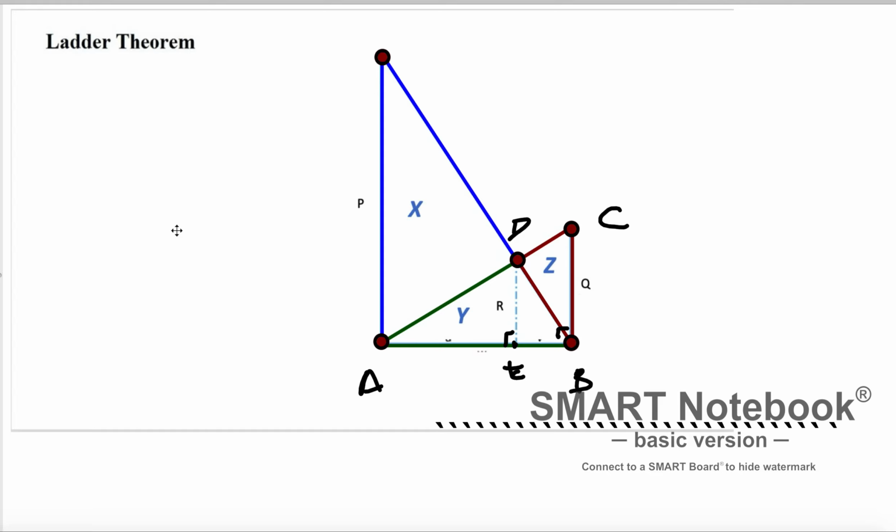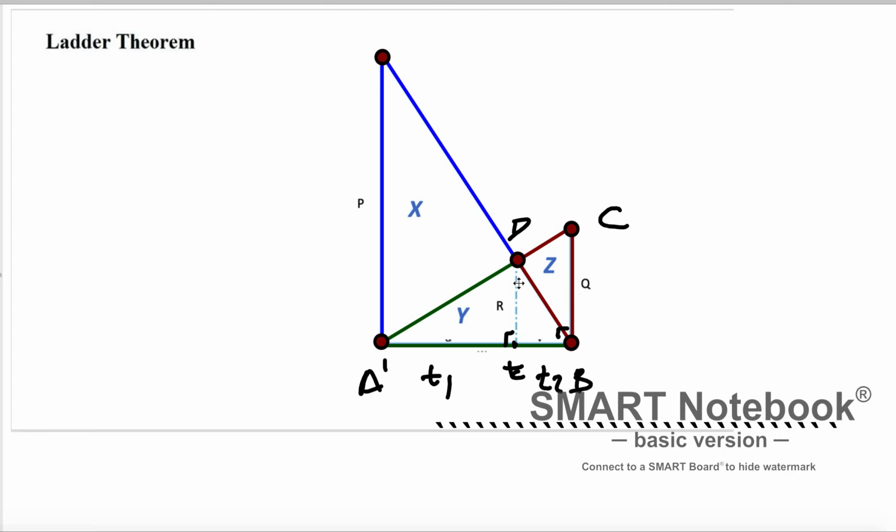Now, according to the similar triangles, the proportions of these triangles are equal. For example, let's say this distance here is t1, and this distance here is t2.